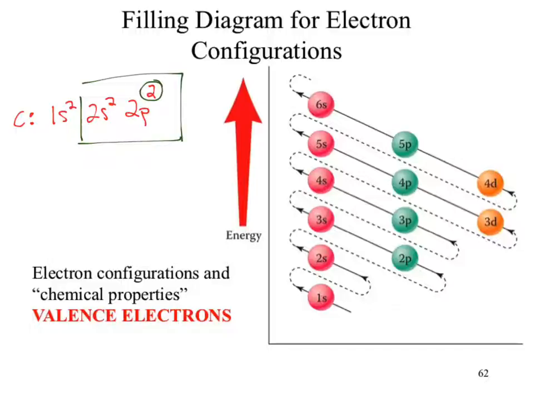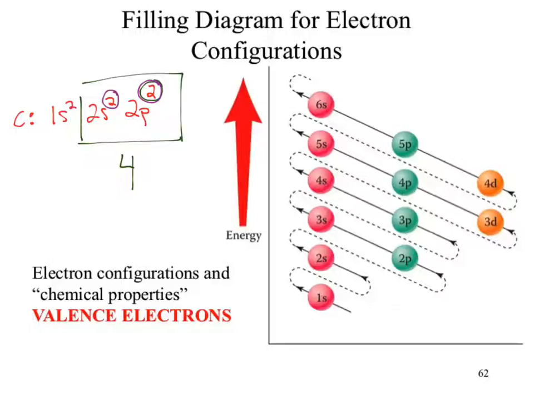So when I look at carbon, carbon has how many valence? 4. By looking at the big letter number above the upper right-hand corner, we add those numbers. We get 4. So carbon has 4 valence electrons. I don't want to have to draw out the electron configurations every single time.